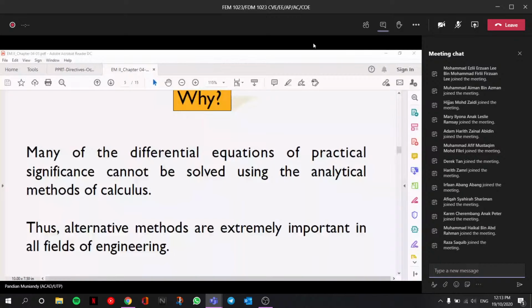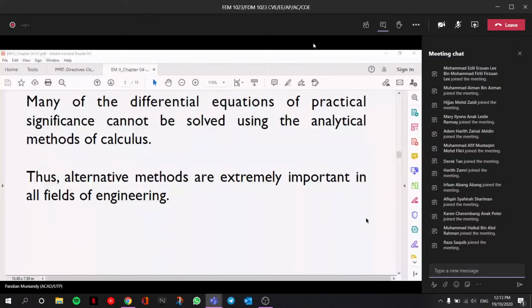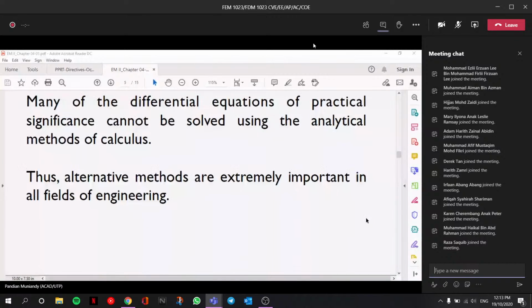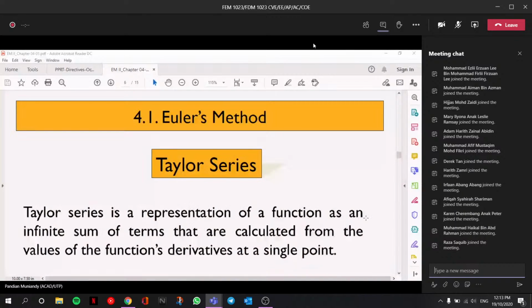So, the alternative method, one of them is Euler's method. This Euler's method is developed, designed, constructed, built from Taylor series. So this is important.